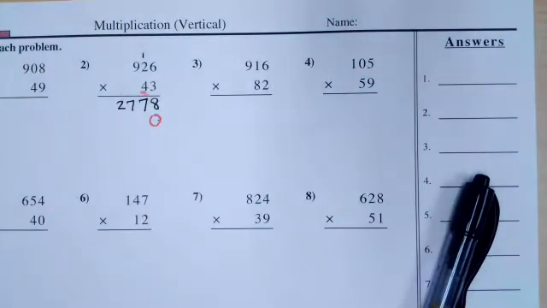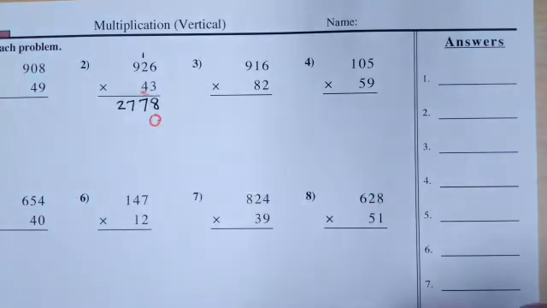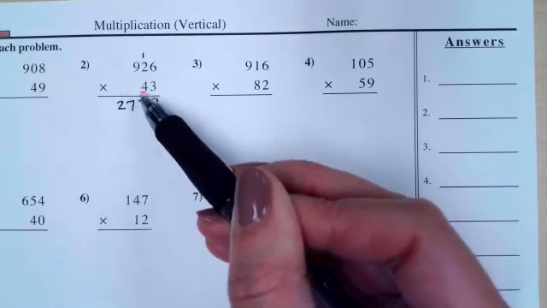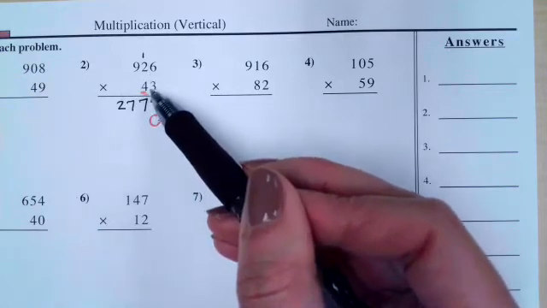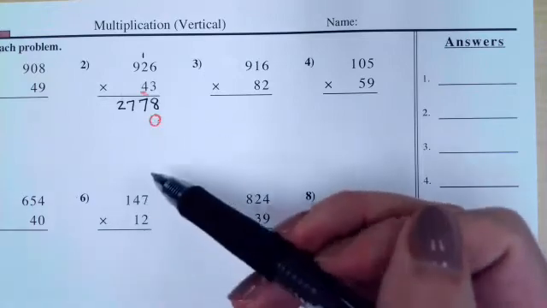And that takes care of the fact that we're multiplying by something in the tens place instead of the ones place. Because as you know, multiplying 6 times 40 is going to be a lot more than 6 times 4. In fact, it's going to be 10 times more, which is why we put that 0 there.